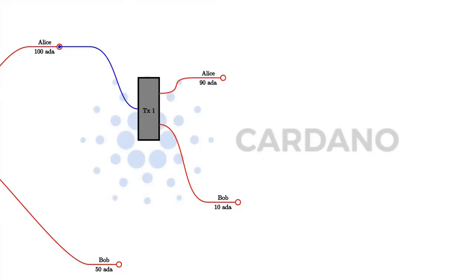One 90 ADA UTXO belonging to Alice and another 10 ADA UTXO belonging to Bob. It's important to note that this is the only thing that happens on a UTXO blockchain. The only thing that happens when a new transaction is added to the blockchain is that some former UTXOs become spent and new UTXOs appear.